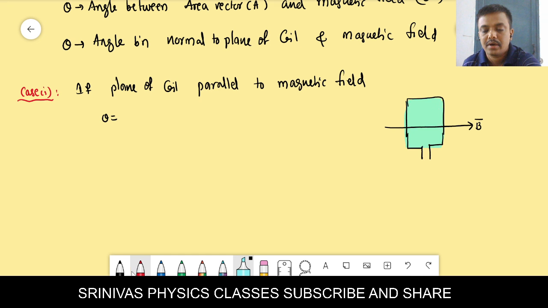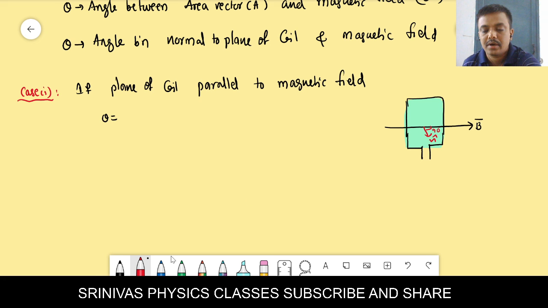You see this, this is the plane of the coil. Now the plane is parallel to the field. Plane means surface. If you apply the field along the surface, then the plane is parallel to the field. But what about the normal drawn to the plane of the coil? The normal is like this, towards you, towards your face. Then this angle is 90 degrees.